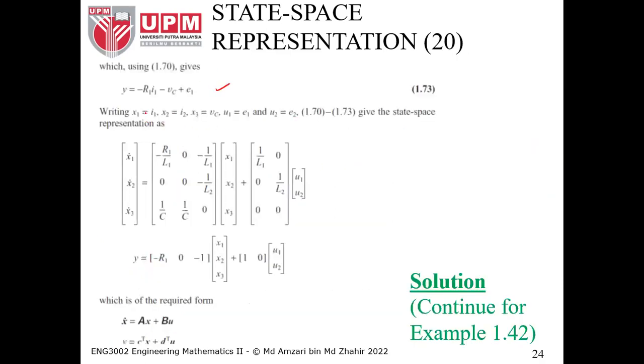Now let x1 equal I1, x2 equal I2, x3 equal VC, u1 equal E1, and u2 equal E2. From here we change everything into these terms.